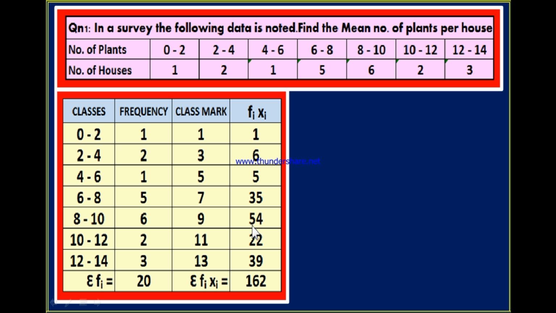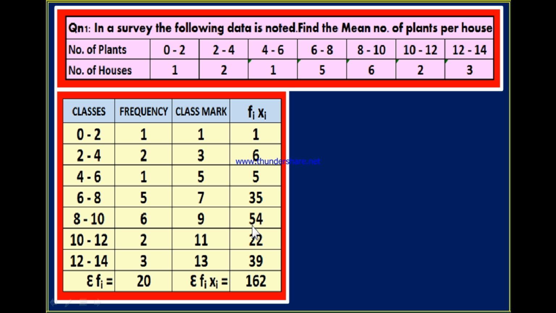You may get large numbers here. After getting these values, you have to add them up, so that you get a sum in thousands or 10,000s or lakhs. Later you have to divide by 50, which will be somewhat difficult. Therefore, we adopted the step deviation method here.